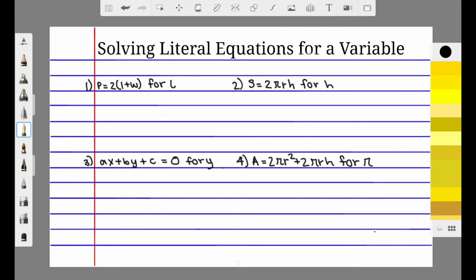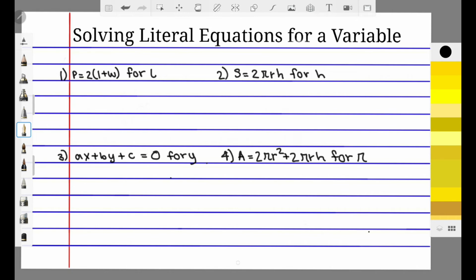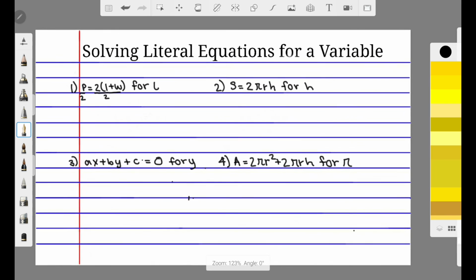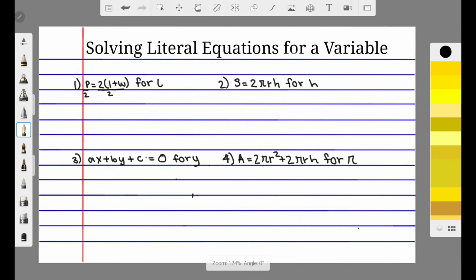Alright, let's go over the first one, which is P is equal to 2L plus W, and let's solve for L. So I divided and got rid of the 2, so now we just have P over 2 is equal to L plus W. Now we can subtract W on either side.